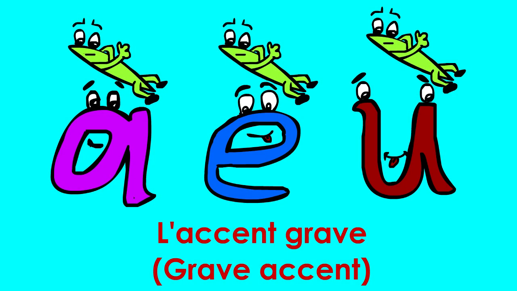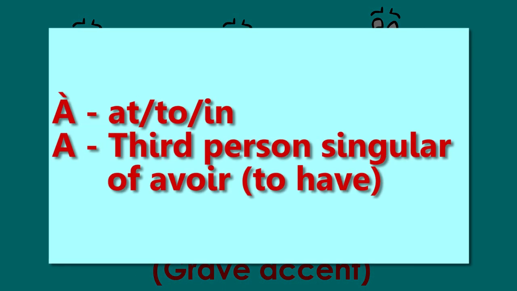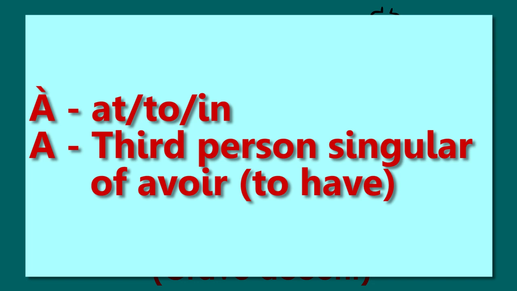In the case of A and U, this accent is used to distinguish between words with the same pronunciation but different meaning. For example, we have 2 words in French: à with an accent, a without an accent. À with an accent means at, to, or in.